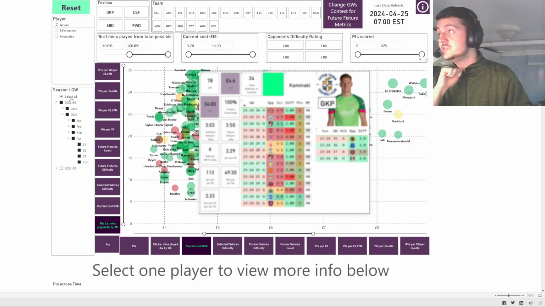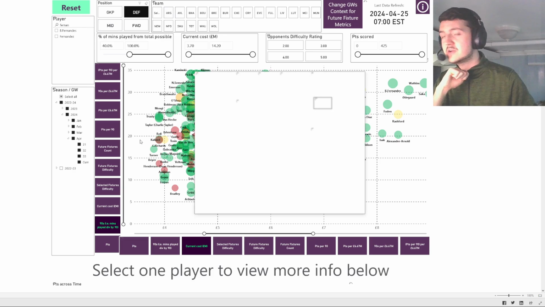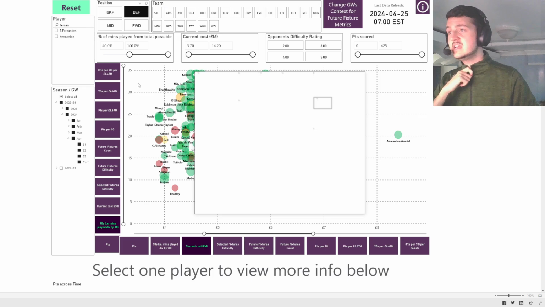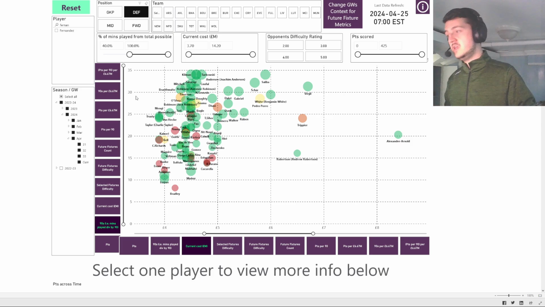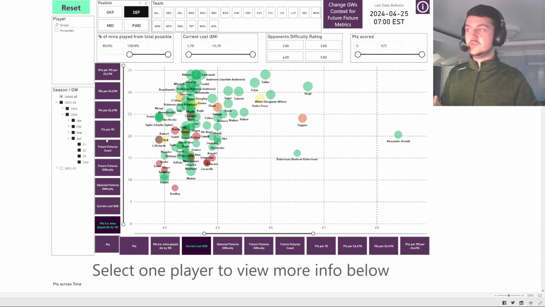So these are opportunities to find cheap players. And if you're looking for a defender, you can select a defender. And now you can find yourself a pretty cheap defender who's sure to start a lot of games. And he's a useful sub to have because if one of your main players gets injured, he'll come in and get some minutes. By extension, you can also do the same thing with points per 90. And that way you can find a player who's also earning points.